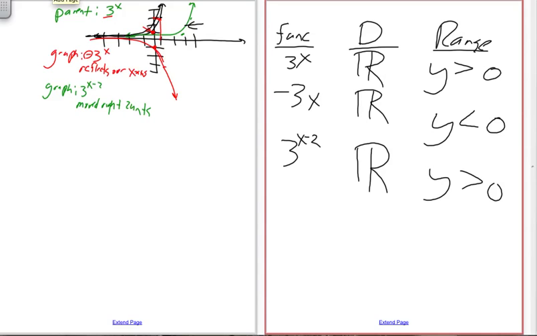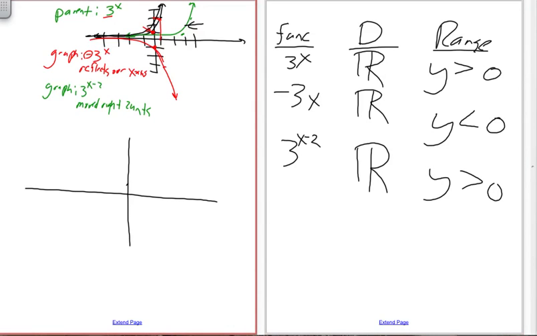Okay, so now let's take a look at what would happen if I had taken 3 to the x. So I've got 1, 3 and 0, 1. And I want to move it, let's do this a different color, up 2 units.